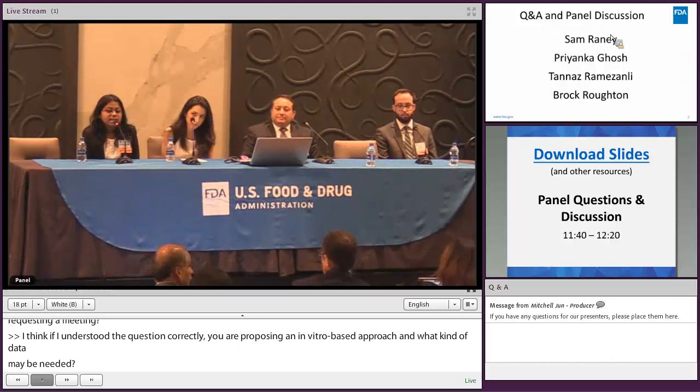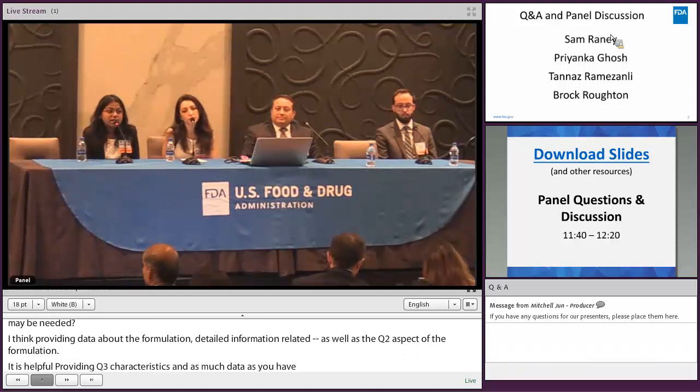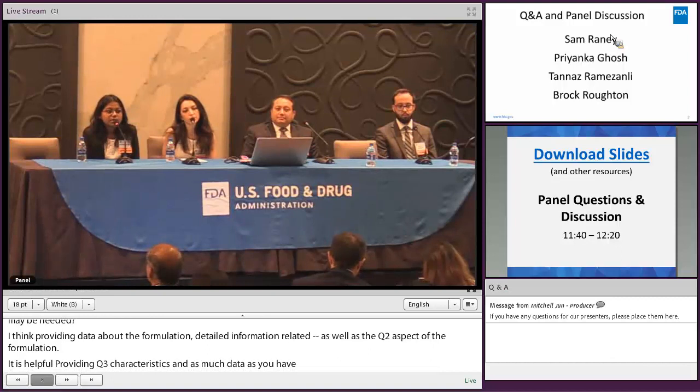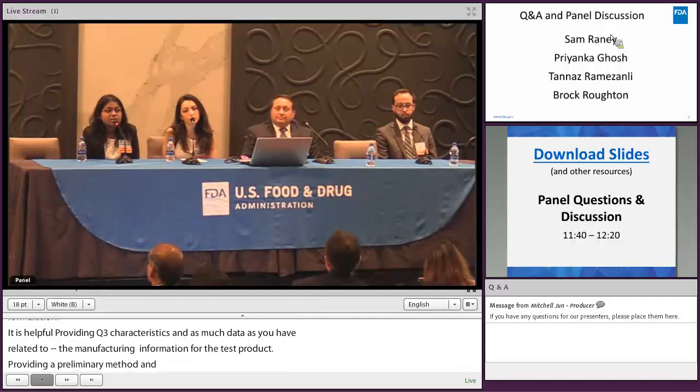Then providing Q3 characteristics, as much data as you have related to, say, for example, rheology, pH, the manufacturing information for your proposed test product. For IVRT studies, providing at least a preliminary method and comparative release from the test and reference product. And feasibility studies for IVPT would be ideal.